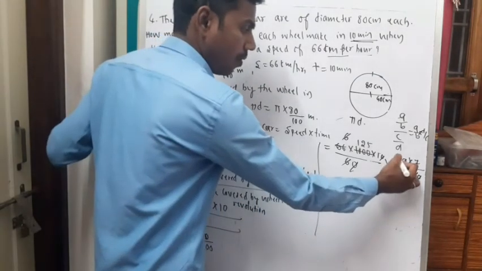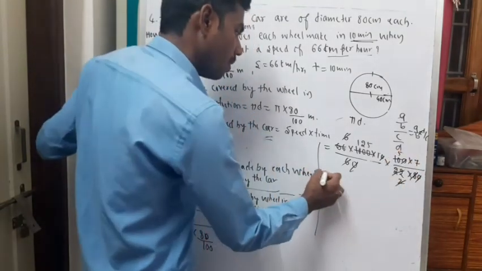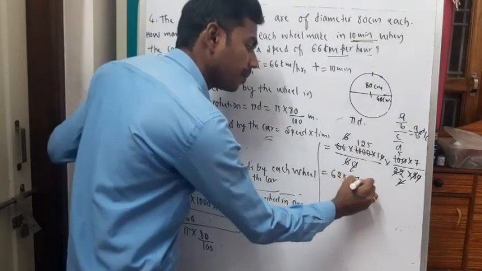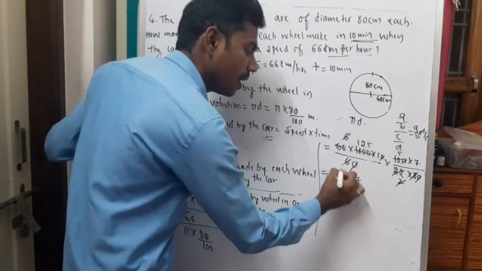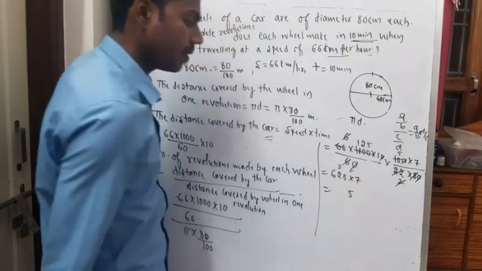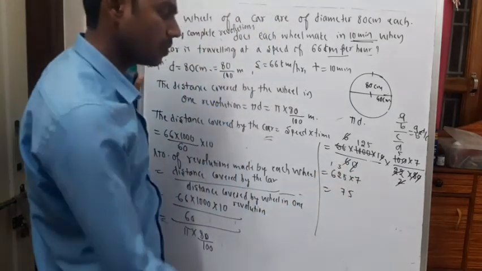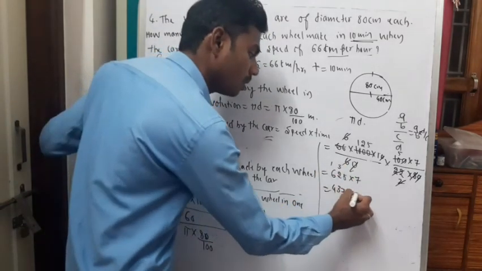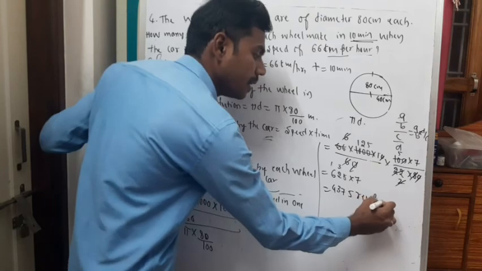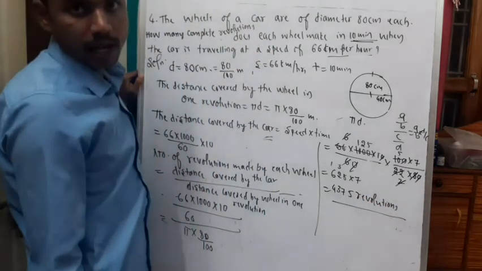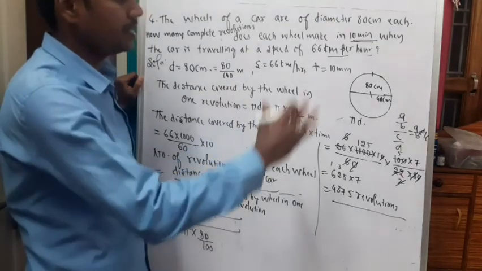Now 125 fives are 625 into 7, which is equal to 7 fives are 35. Carry 3, 7 twos are 14 plus 3 is 17, 7 6s are 42 plus 1 is 43, 4375 revolutions. So each wheel is going to make 4375 revolutions. Please note this down.